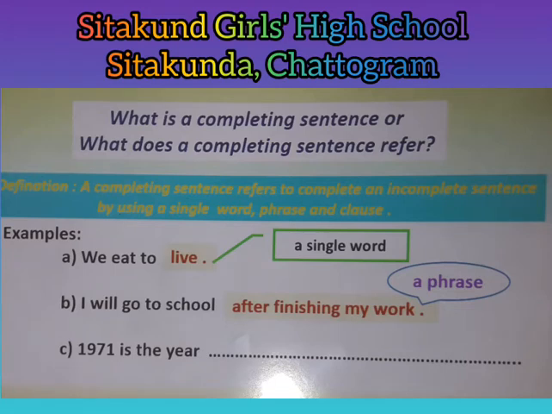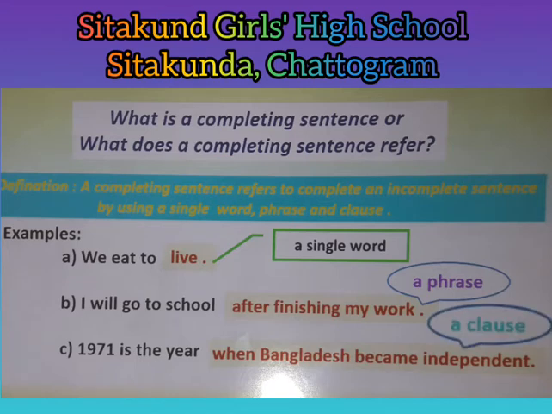So to mean time, you have to use "when". The clause will start with when Bangladesh became independent. If you write "Bangladesh became independent", the sentence will be complete meaningfully. So when Bangladesh became independent is a kind of clause. I think you have clearly understood what is word, phrase and clause.